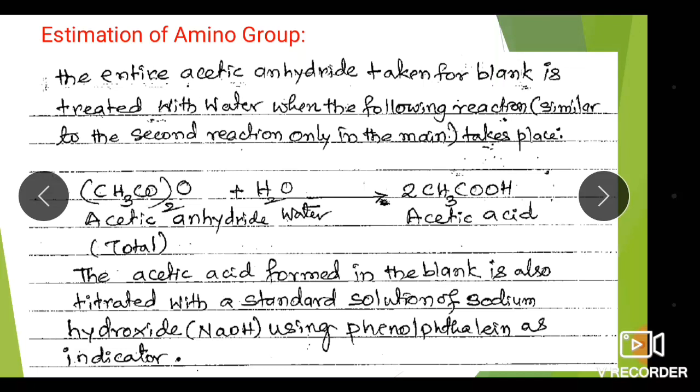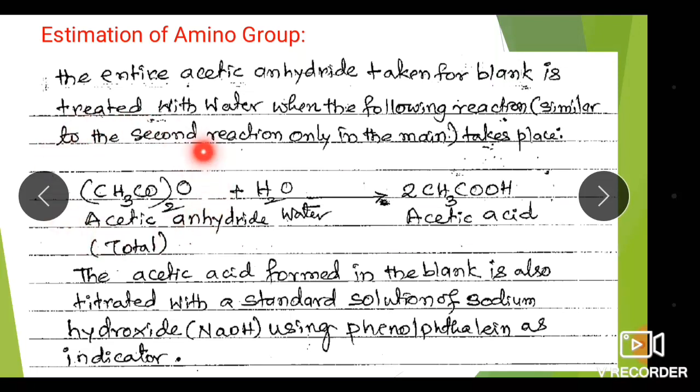The entire acetic anhydride taken for the blank is treated with water, when the following reaction occurs, similar to the second reaction in the main titration. Acetic anhydride on hydrolysis with water gives 2 molecules of acetic acid, but here the acetic anhydride does not react with an amino group, because the amino group is totally absent.